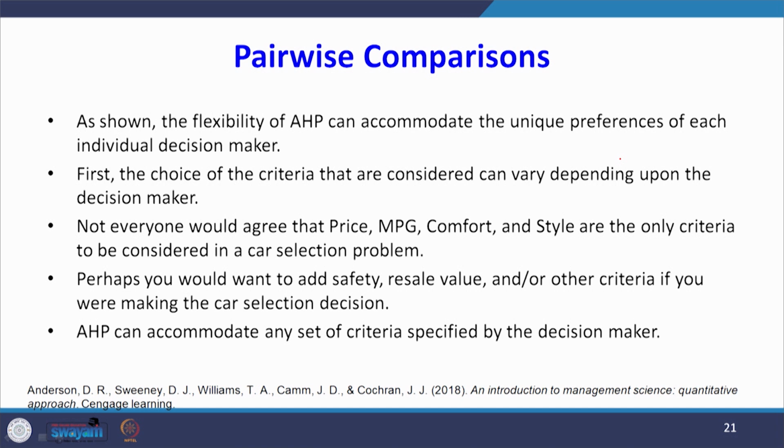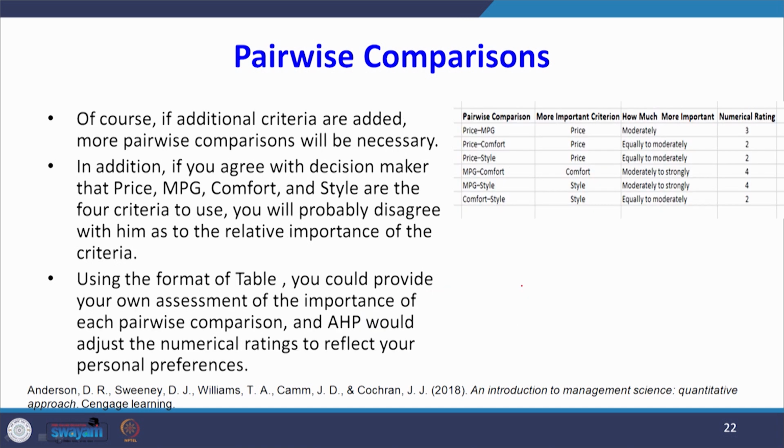Perhaps you would want to add safety, resale value and other criteria if you are making the car selection decision. AHP can accommodate any set of criteria specified by the decision maker. Of course, if additional criteria are added, more pairwise comparisons will be necessary.